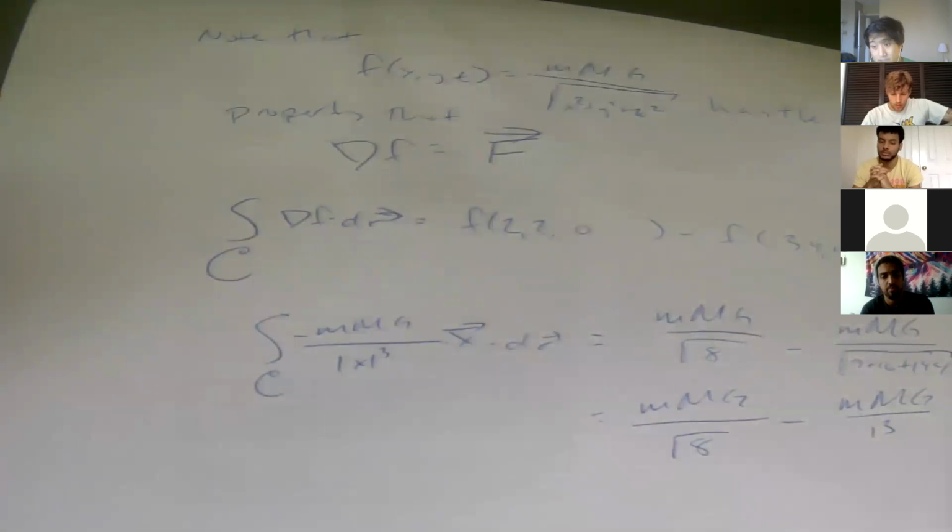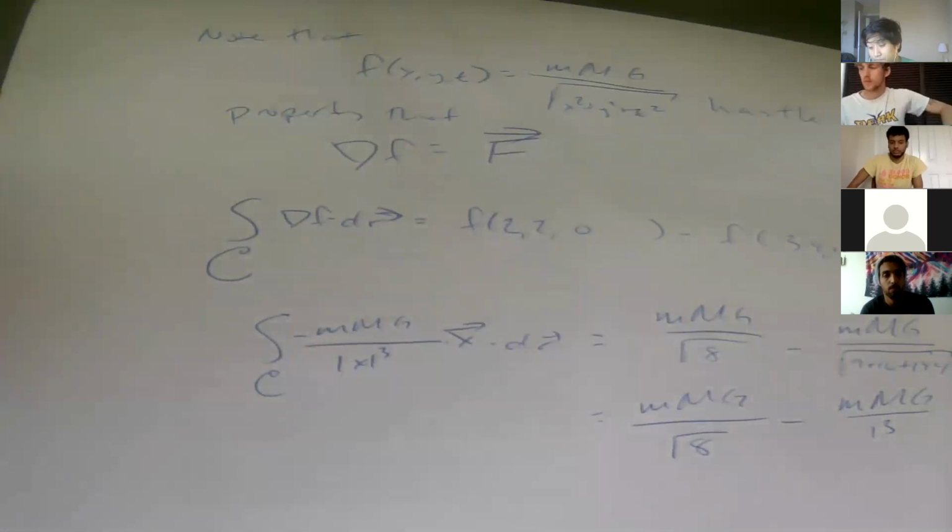Most fields in physics, electric fields, gravitational fields, magnetic fields, are special and satisfy these equations, right? So you don't really need to do this in many physical cases, but there are many other fields that don't satisfy these equations. And they make perfect sense to study.